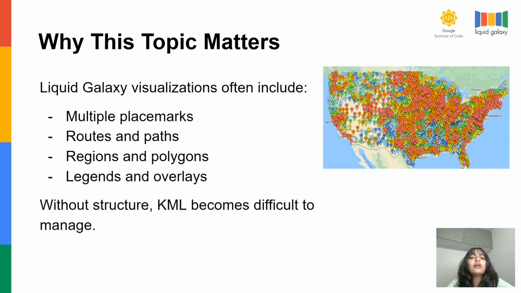Now, I want you to imagine a nightmare scenario: putting all of that directly under one single document tag in KML. At first, when you have 5 or 10 points, it's fine. But as the project grows to the production level, the lack of structure becomes a catastrophic failure point.